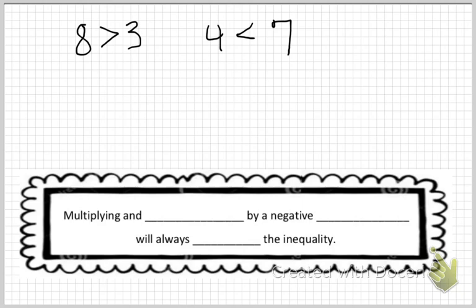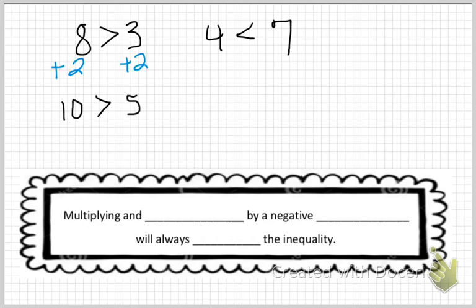So I have this inequality that says 8 is greater than 3. Notice that the opening is towards the 3 because the 3 is greater. So what I'm going to do is add an amount to the left hand side, and since I did it there, I have to be fair and do it to the other side. So I have 8 plus 2 is 10, 3 plus 2 is 5.